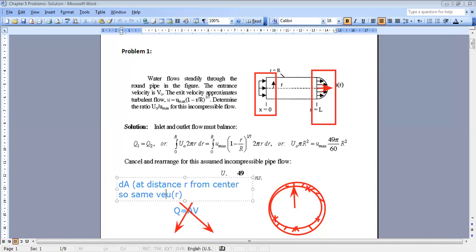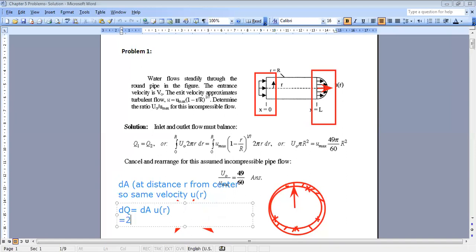Now, I can say that the elementary flow rate dq is equal to the elementary area dA times u(r). And I express dA as a function of r to be able to integrate with respect to r.